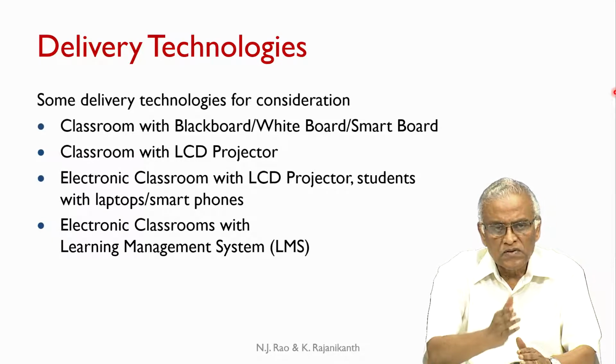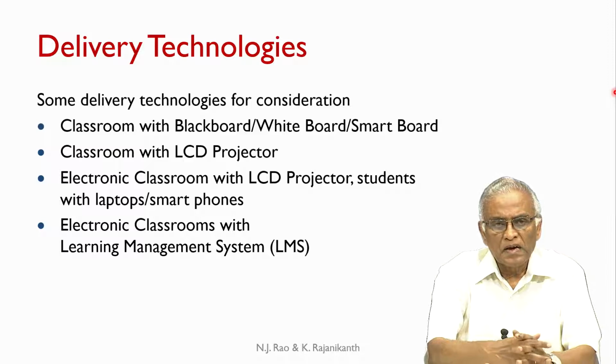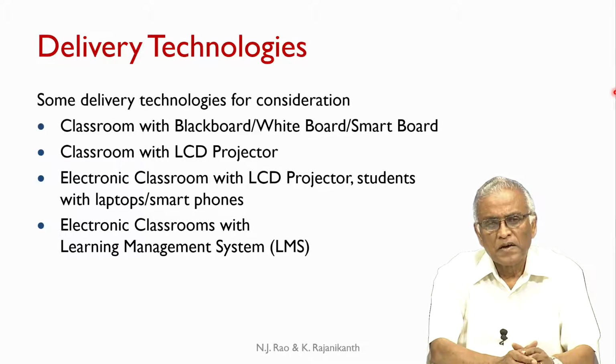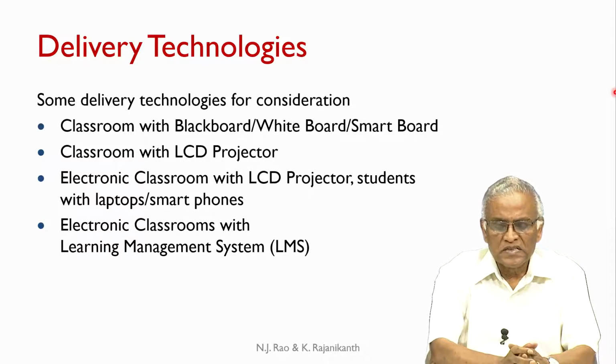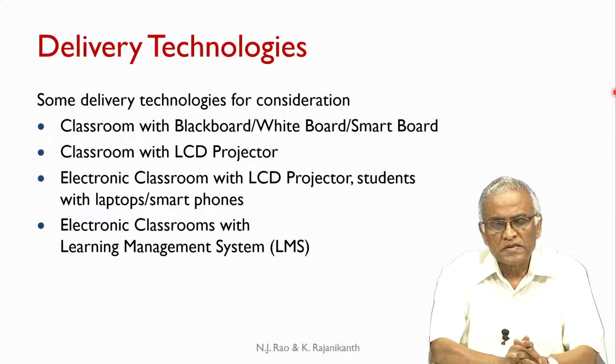As we go down, the earlier technologies are also available. That means if I am having a classroom with LCD projector, normally you have access to a blackboard or a whiteboard. Or we can have an electronic classroom with LCD projector, students with laptops and smartphones. Or electronic classrooms with a learning management system also accessible.